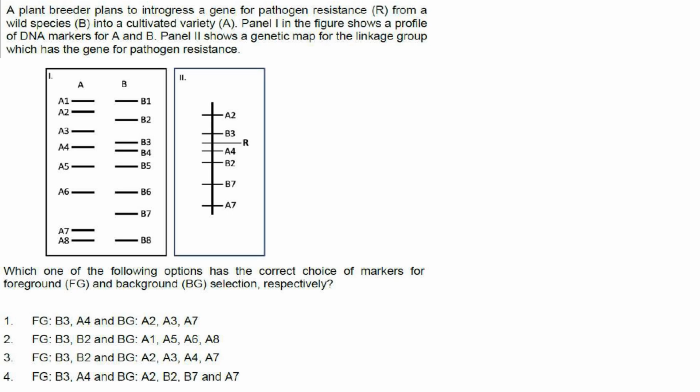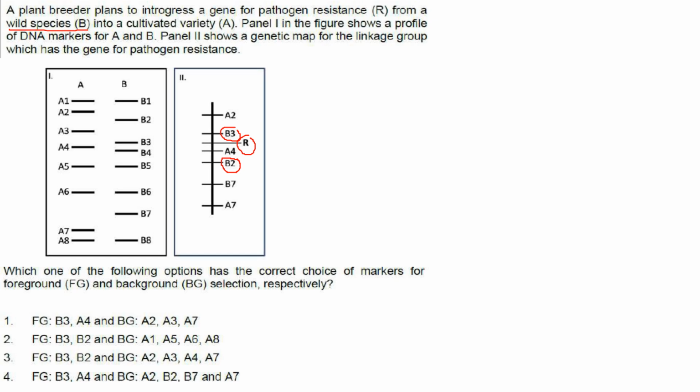So of the donor, meaning wild species B, I told you it is the donor parent. This is the resistance gene, so it will have B3 as well as B2. That is foreground selection.